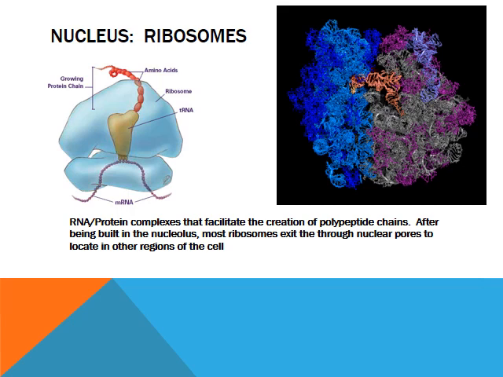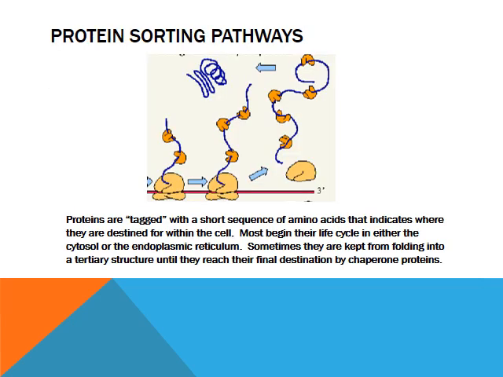And you're also building little ribosomes. We need to get the RNA and the ribosome out of the nucleus. How do we get them out of the nucleus? Through the nuclear pores. So we get the ribosomes out of the nucleus. We get the RNA out of the nucleus, and they're going to go into the cytosol to create polypeptides.